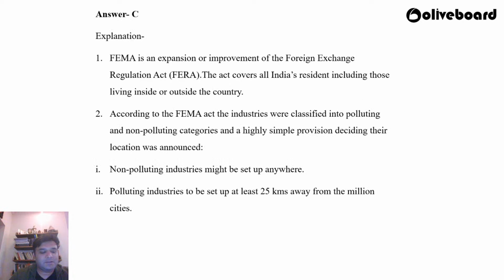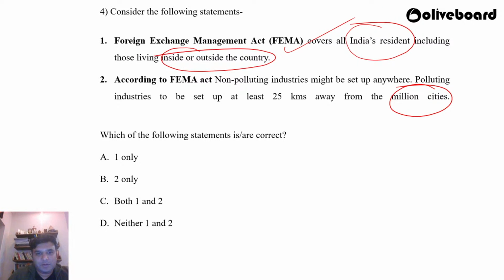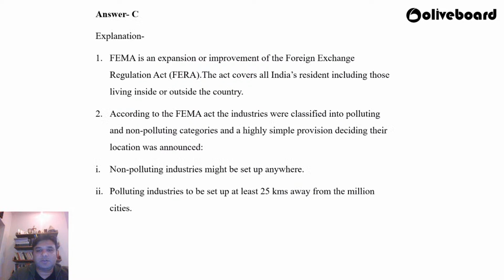Okay, so the correct answer is C. Ishita and Nilesh have given the correct answer. Both the statements are correct. FEMA will cover the residents living inside or outside the country. And according to FEMA, non-polluting industries might be set up anywhere, whereas polluting industries can be set up at least 25 kilometers away from the million cities. So that is your key takeaway, right?